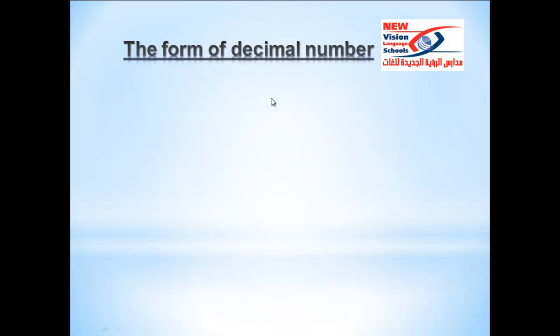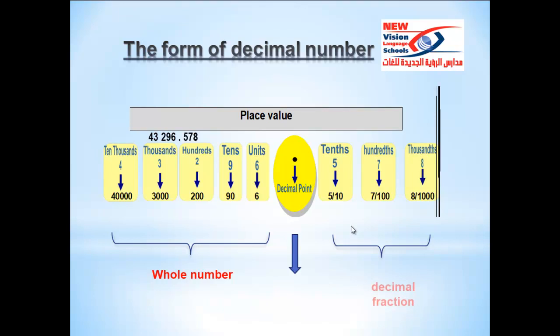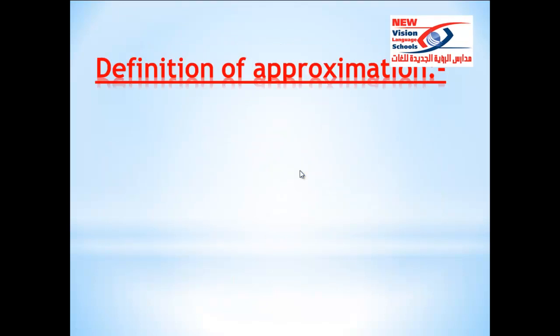The form of a decimal number. A decimal number is an ordinary number that has a decimal point in the middle. As you see, the decimal point is in the middle and the number consists of two parts. The left one is the whole number and the right part is the decimal fraction.